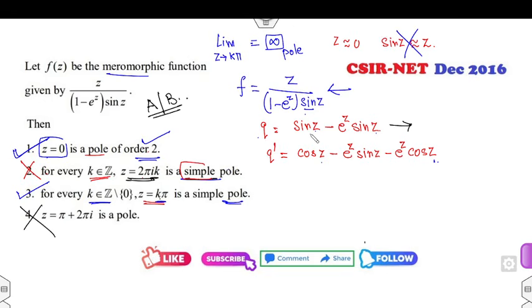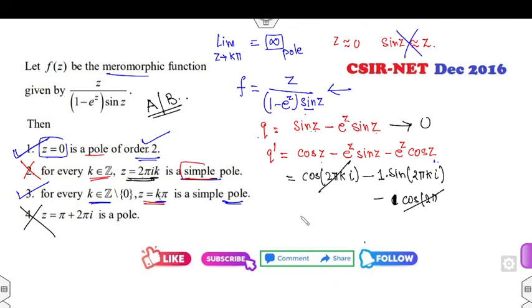Sine of 2 pi k iota is 0. Cos of 2 pi k iota is not 0. E raised to power 2 pi iota is 1, and sine of 2 pi k iota minus e raised to power is 1 and cos of 2 pi.